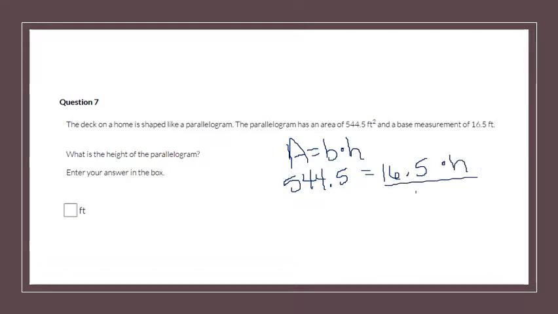So all I have to do is divide both sides by 16.5. On the right it cancels out because 16.5 divided by itself does give me 1. And when I divide 544 and a half divided by 16.5, I do get that the height is 33, and that is feet.